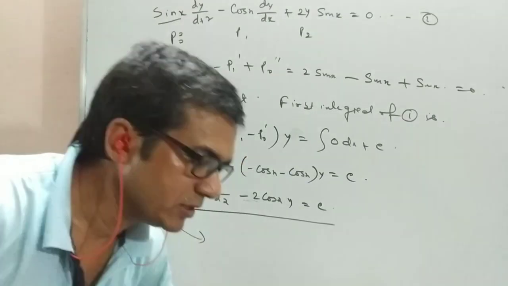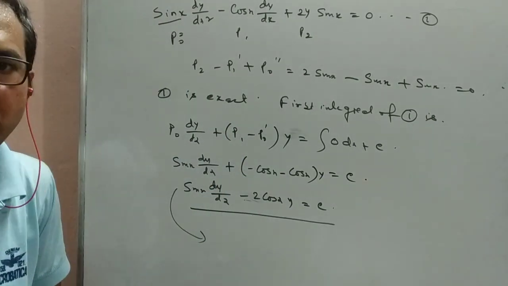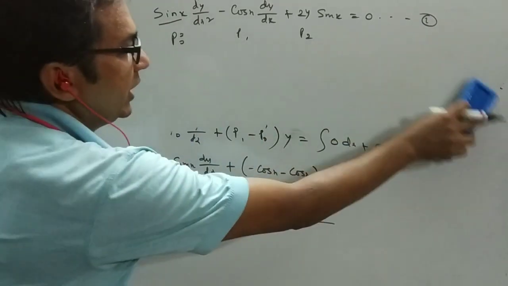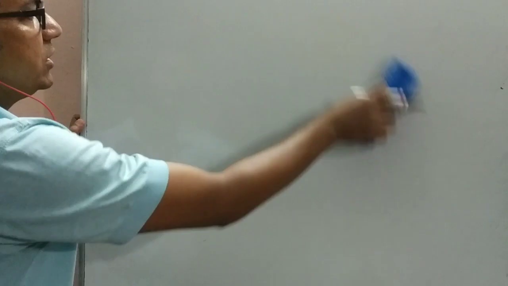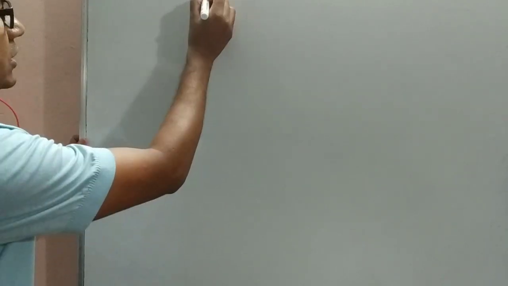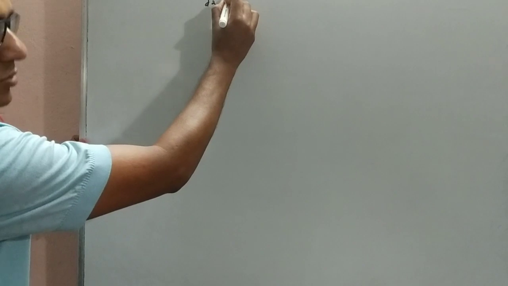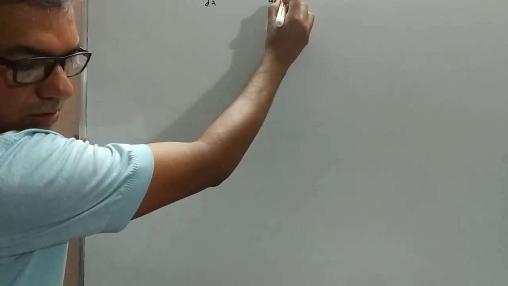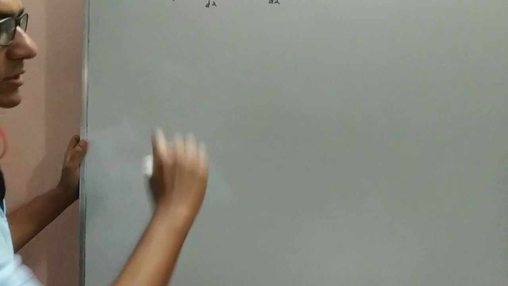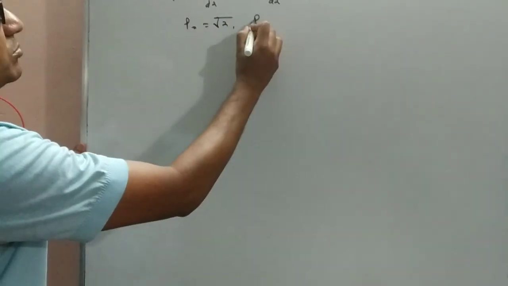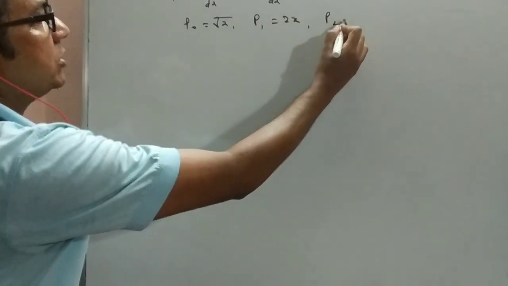Now we consider the last example of this chapter or of this method, and this is the last example of the class. We consider root x into d2y by dx2 plus 2x into dy dx plus 3y equal to x. Here p0 equal to root x, p1 equal to 2x, p2 equal to 3.